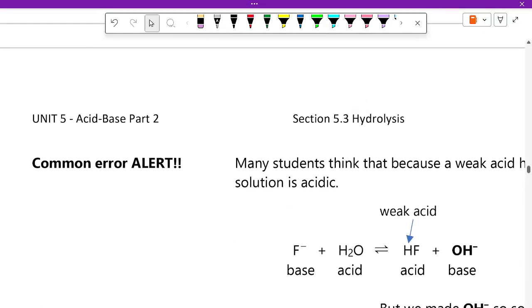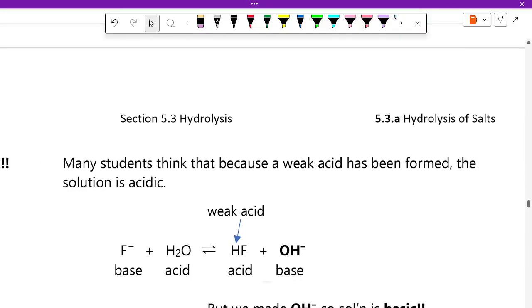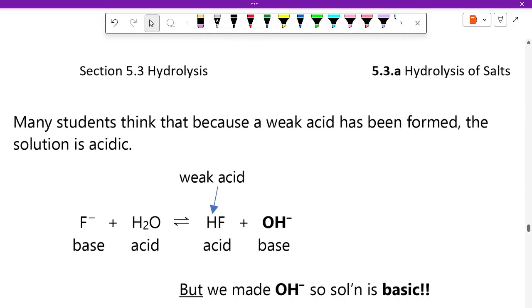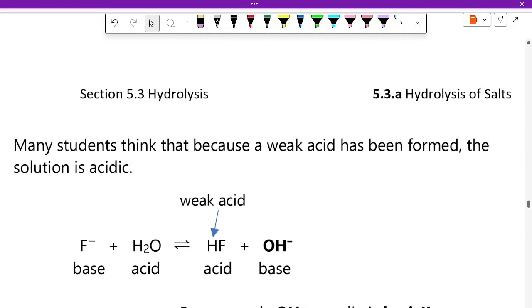Although we have a common error alert before that. Oh, we already talked about this. Many students think that because we produced a weak acid, the solution is acidic. But you always make an acid. And anionic, it's going to be the same deal as if you have an amphiprotic ion. So you'll look at the Ka of one, you'll look at the Kb of the other and say which one happens more.